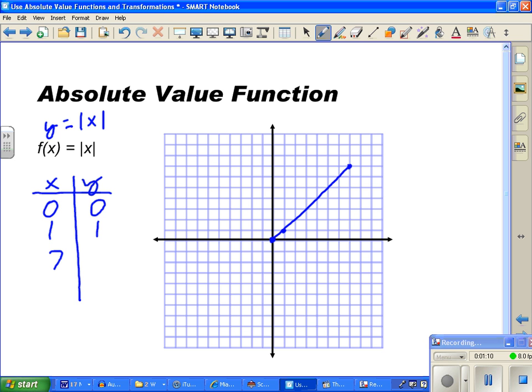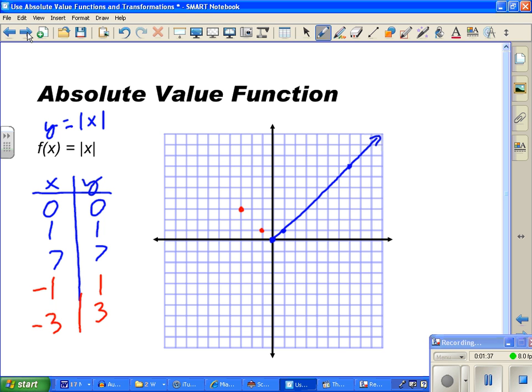So I have something going like this. Now here's where it gets tricky. Let's start putting in negative numbers. Let's put in negative 1. What is the absolute value of negative 1? It is positive 1. And the absolute value of negative 3 is positive 3. So that means we're at negative 3, positive 3.